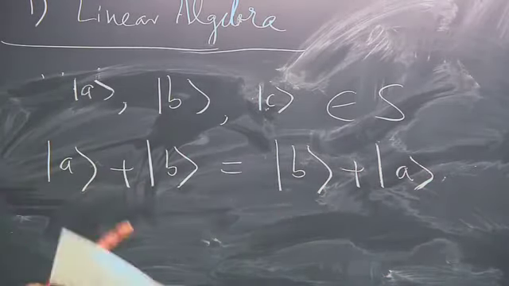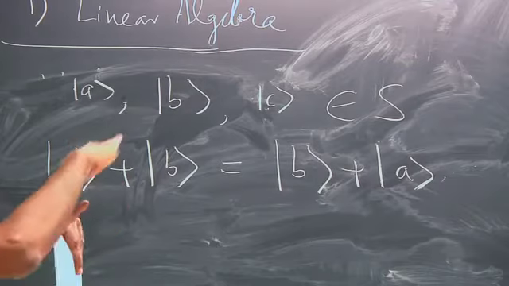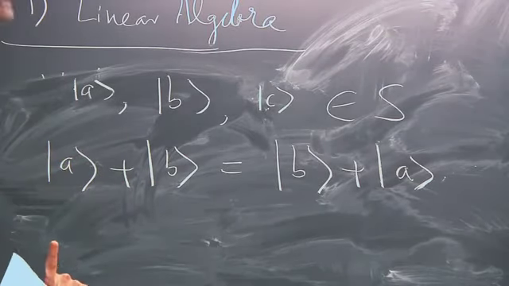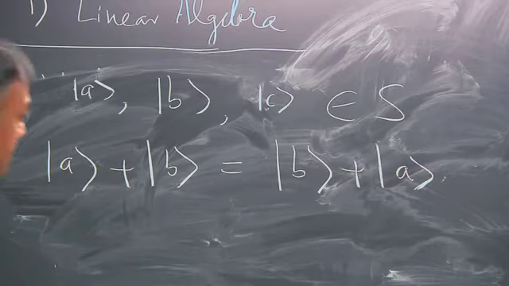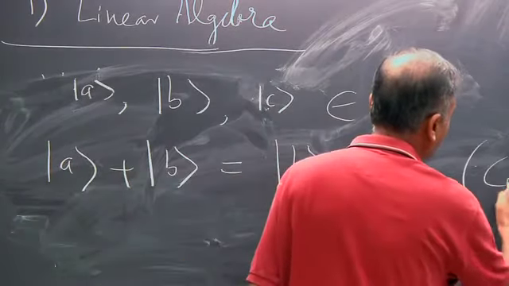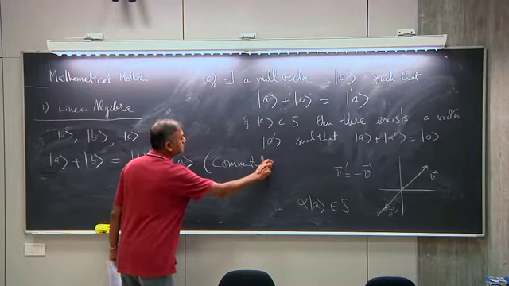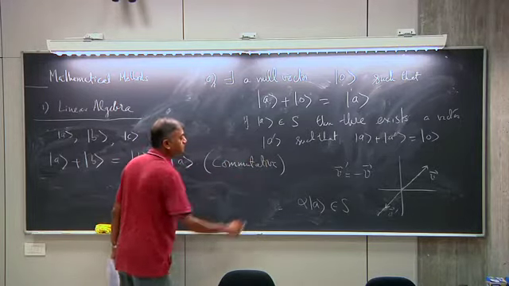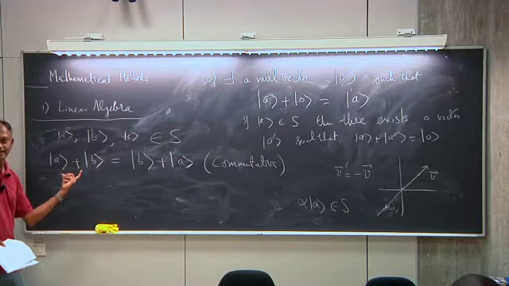It doesn't matter the sequence in which you add. This rule of drawing a parallelogram and taking the diagonal, it doesn't matter which vector you take first. This is called commutative, meaning the order doesn't make any difference.